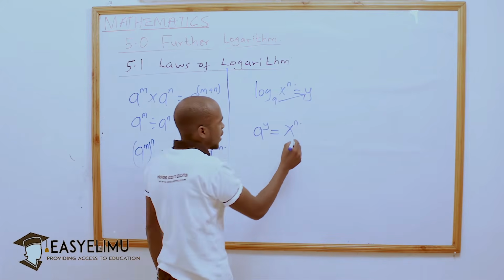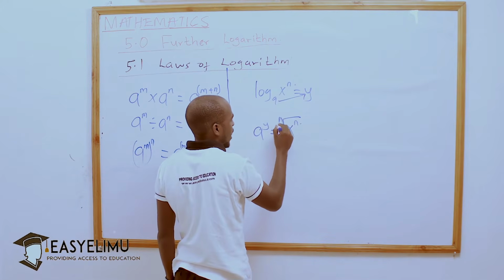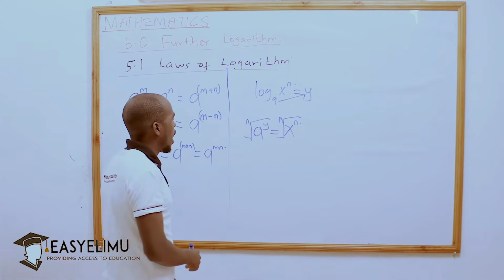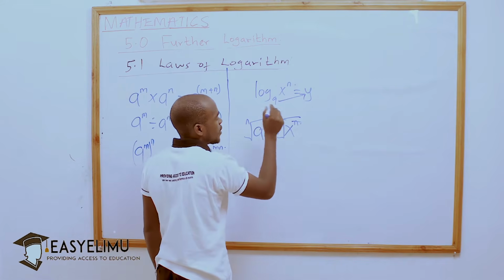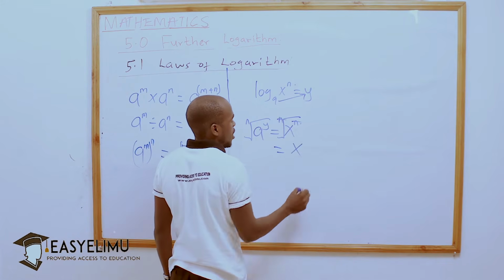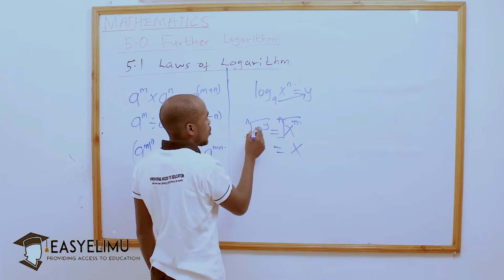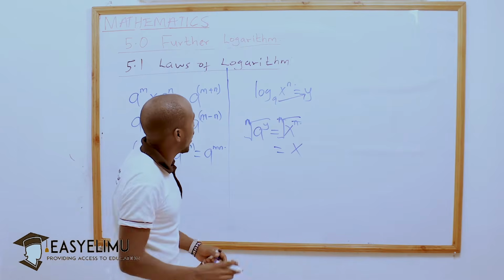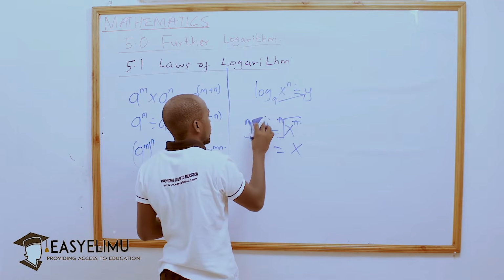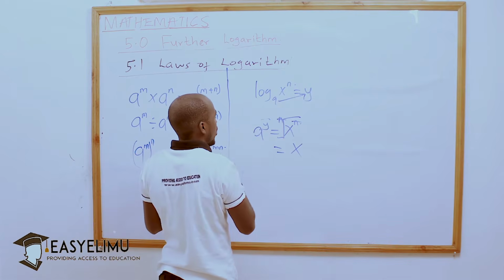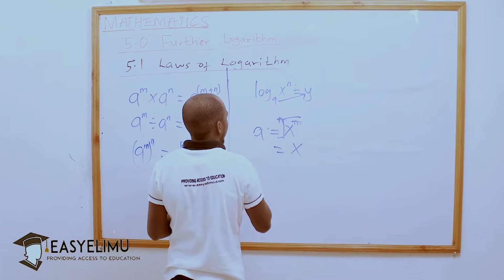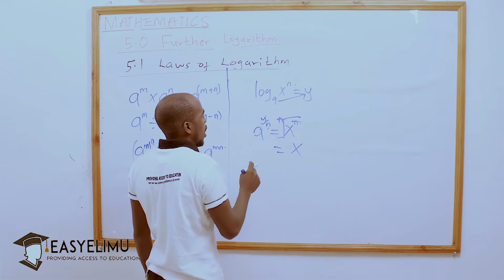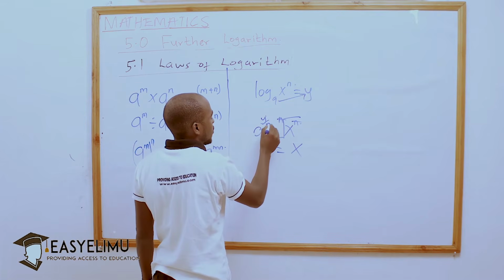Then we can find the nth root on both sides. You find the nth root on both sides, and this nth root will simplify, and the right hand side will have x, and the left hand side will have this. Finding the nth root here is the same as dividing the power by that n, so it's the same as writing y over n. This one is the power to which you must raise, and this is the power to which you must find the root.